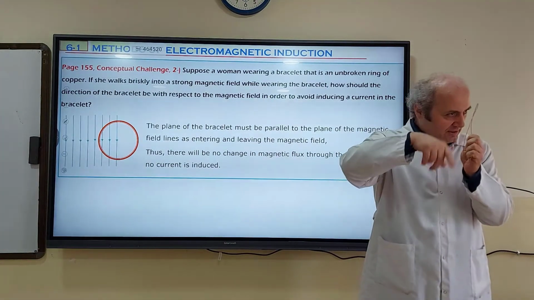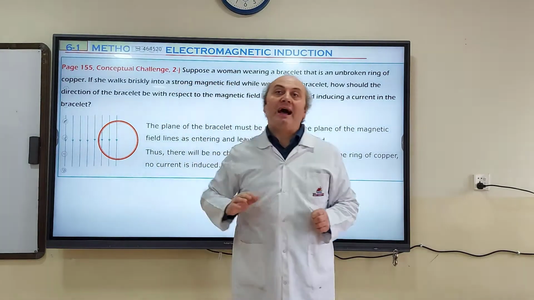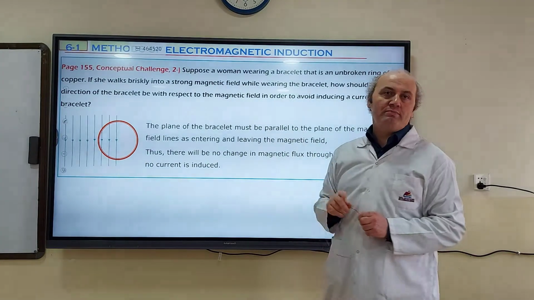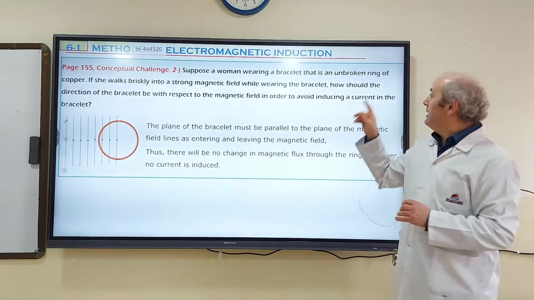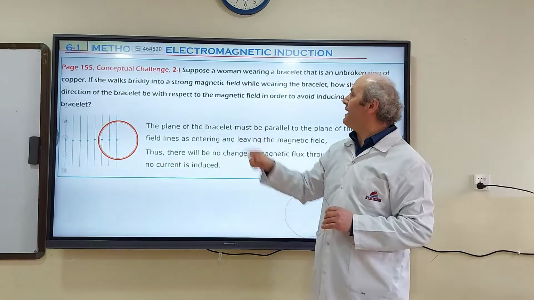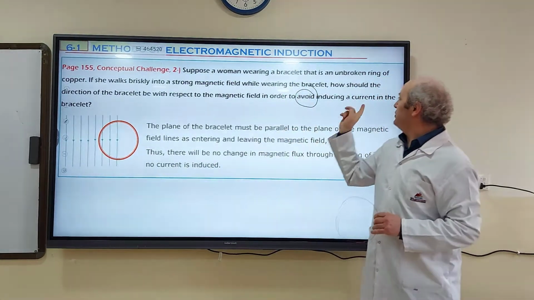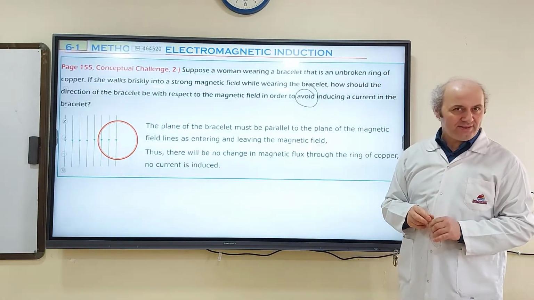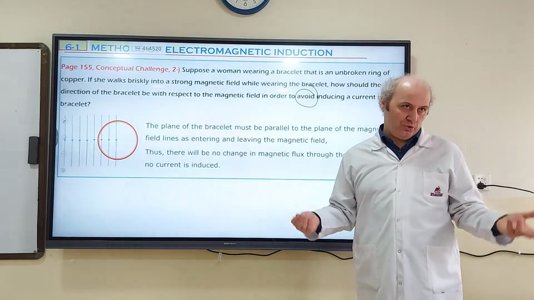If she walks briskly, quickly, into a strong magnetic field while wearing the bracelet, how should the bracelet be oriented with respect to the magnetic field in order to avoid induced current in it? Avoid means not to induce.